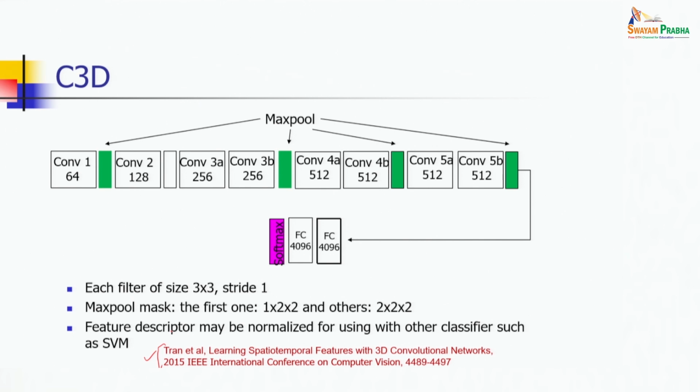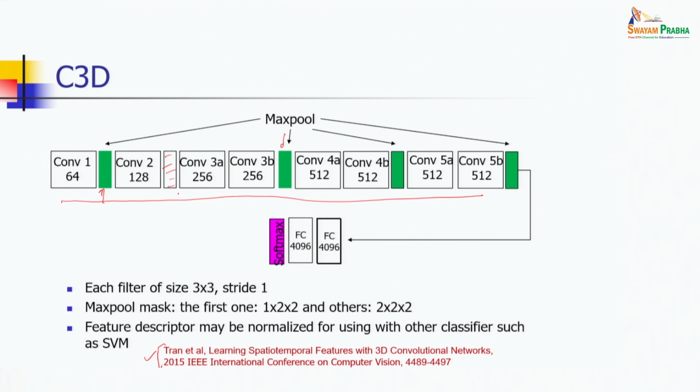You can see that there are certain feature extraction stages and many 3D convolutional layers. The first is a convolution layer, then a max pool layer, as you can understand, and then another max pool layer.